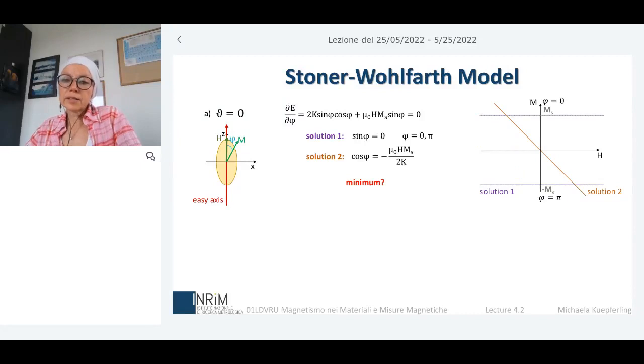Are these possible solutions also really energy minima? We can understand this only if we do the second derivative, and this has to be larger than 0, of course.